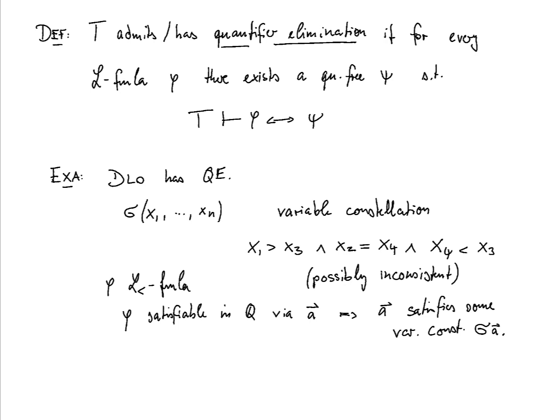We can now collect all the possible variable constellations that arise from satisfying assignments to phi in a single formula.